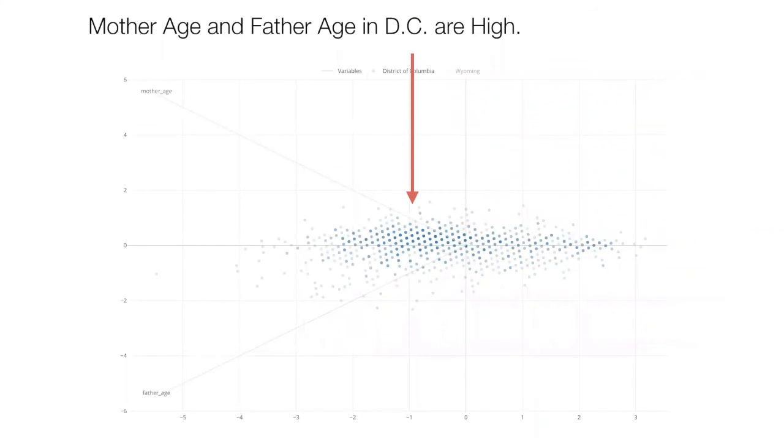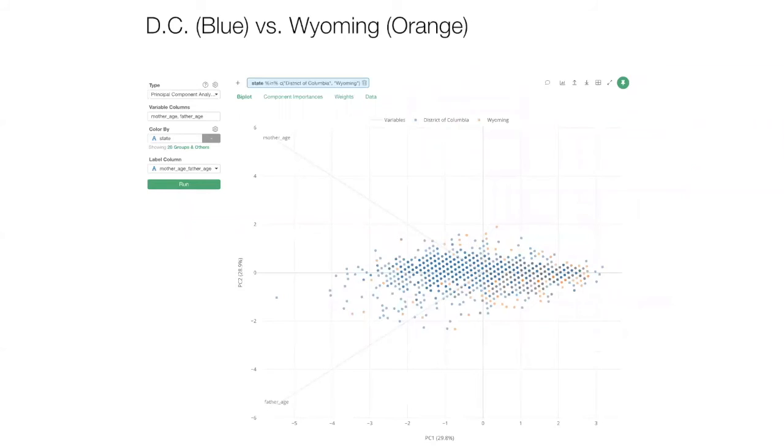On the other side, if I show only DC, then they are on the higher side of the mother and father age. That doesn't mean all of them are higher. Some folks are still young, even in DC, but that's because there's variance. But when you start using the color, you can actually see that these two states are different on these two dimensions.